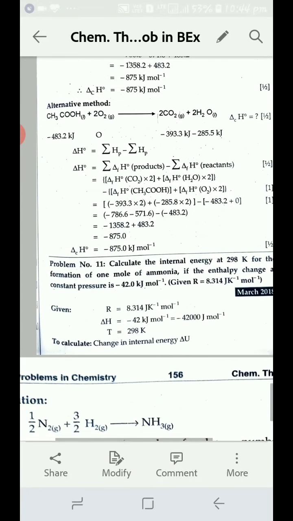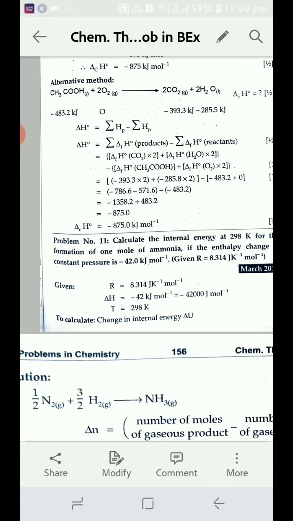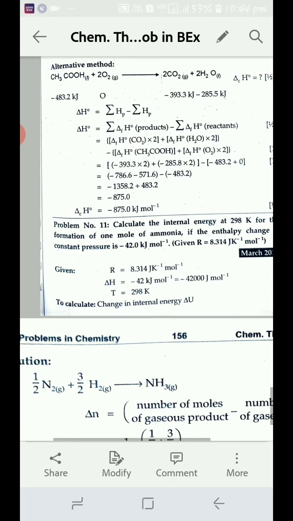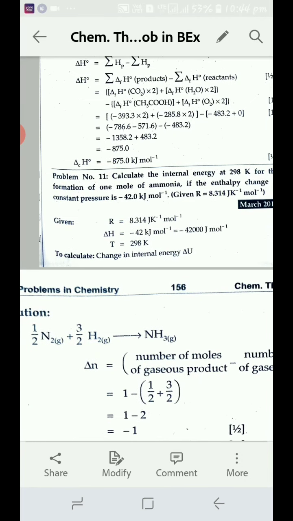You write the equation always for 1 mole because enthalpy change of a reaction is related to 1 mole. So 1 half N2 plus 3 by 2 H2 gives NH3. The number of moles of product is 1. Number of moles of reactant is 1 half plus 3 by 2, meaning 4 by 2, meaning 2. So 1 minus 2, it is minus 1, that carries half mark.